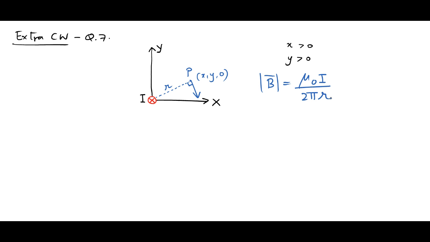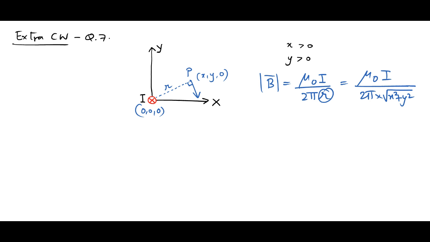In fact, that would be the magnitude of the resultant field, provided that the rest of the circuit is infinitely distant. And this r can be found by the distance formula. After all, it is the distance between the origin, which has coordinates 0, 0, 0, and the point P, which is x, y, 0. So what I get is mu naught I divided by 2 pi multiplied by the square root of x square plus y square. That's the magnitude of the magnetic field.